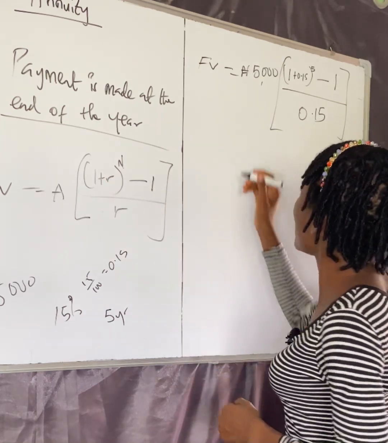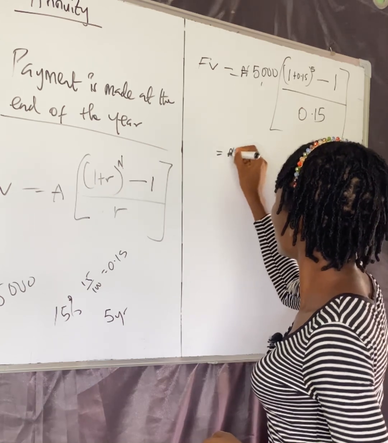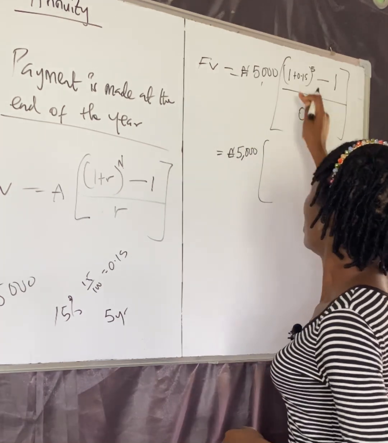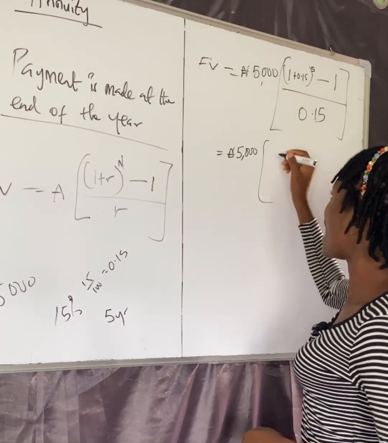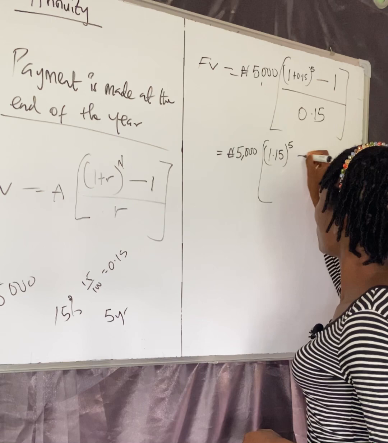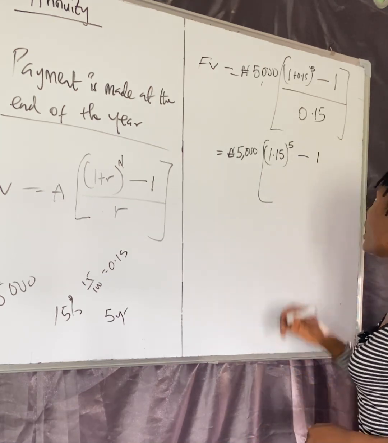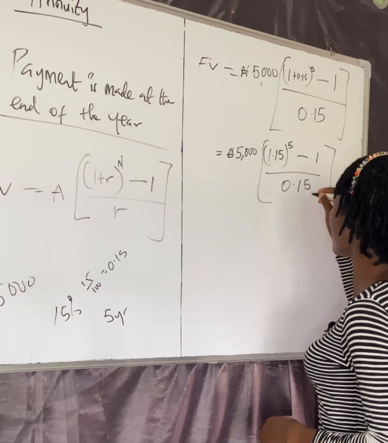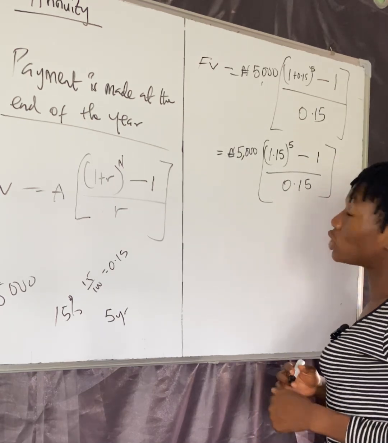So let's continue. We have 5,000 naira. 1 plus 0.15, we have 1.15 raised to the power of 5, and then minus 1, and we are dividing by 0.15. We'll be working on the bracket first, by BODMAS, until we are through.